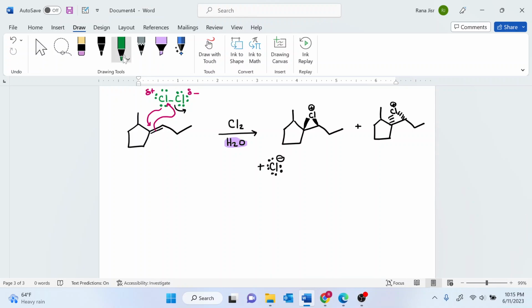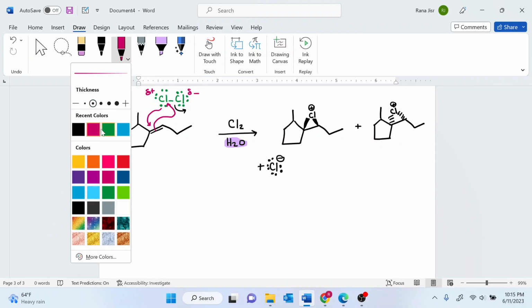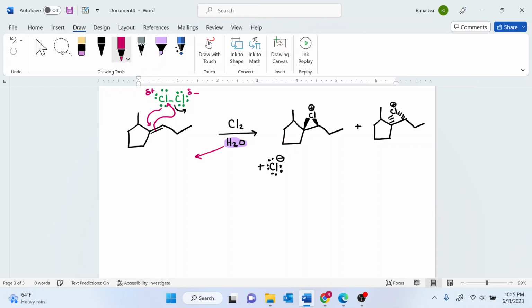So this makes the water attacking faster than the chlorine. So the water here is going to be my nucleophile because it is present in a higher concentration than the chlorine.